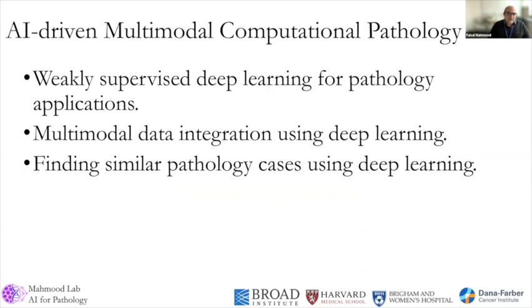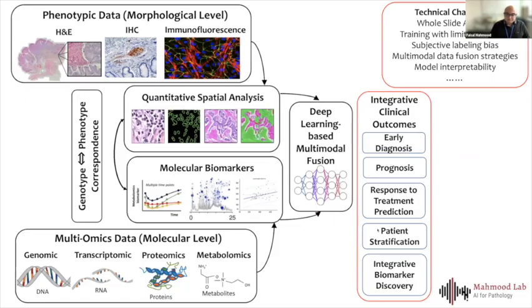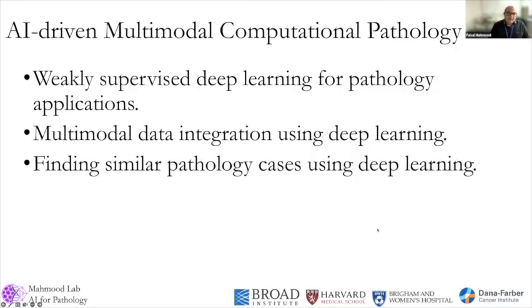The second takeaway would be what are easy approaches to integrate data from multiple sources using deep learning to essentially get to everything in that red box. And then finally, finding similar pathology cases using deep learning. And I'll talk a little bit about what applications this can have and why we are interested and excited about this area in general.